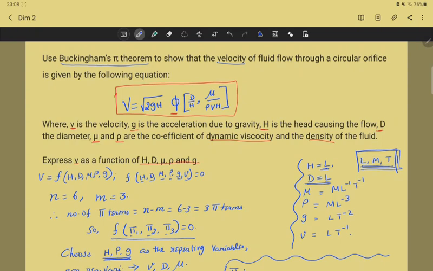So currently we have v divided by root gh. We also have d by h, which is what we got for pi 2, didn't we? d by h is also there. Fantastic. So I think in pi 3 we are going to get this value, mu divided by rho vh.